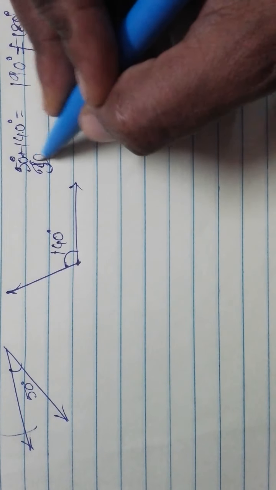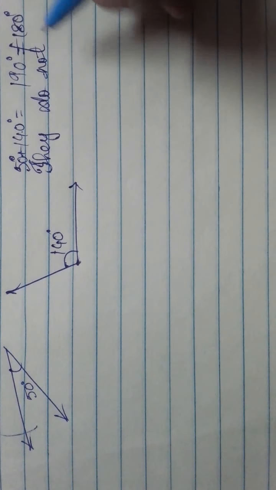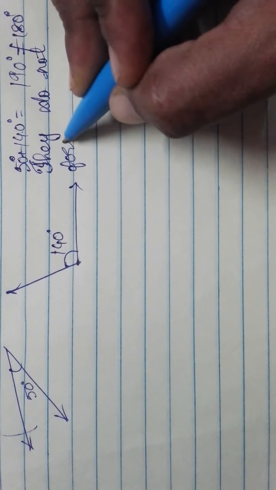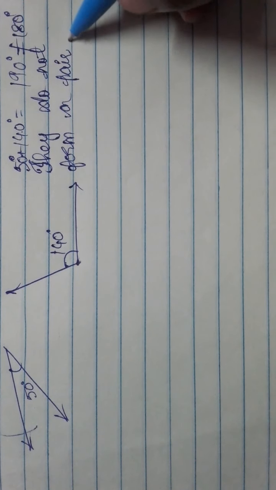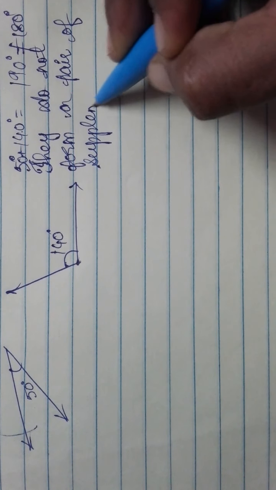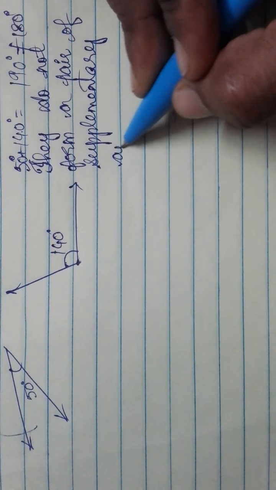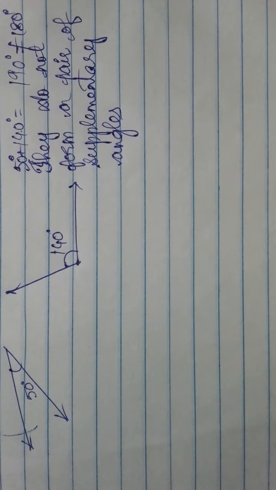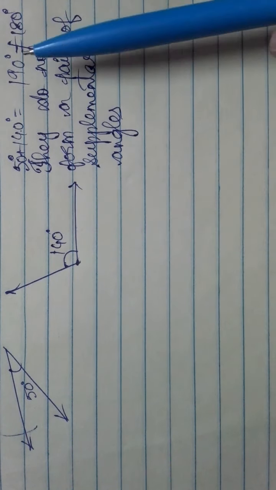They do not form a pair of supplementary angles. Understood, children? So like this, if any figures are given, you have to add up the angles and then write whether they are forming supplementary angles or not.